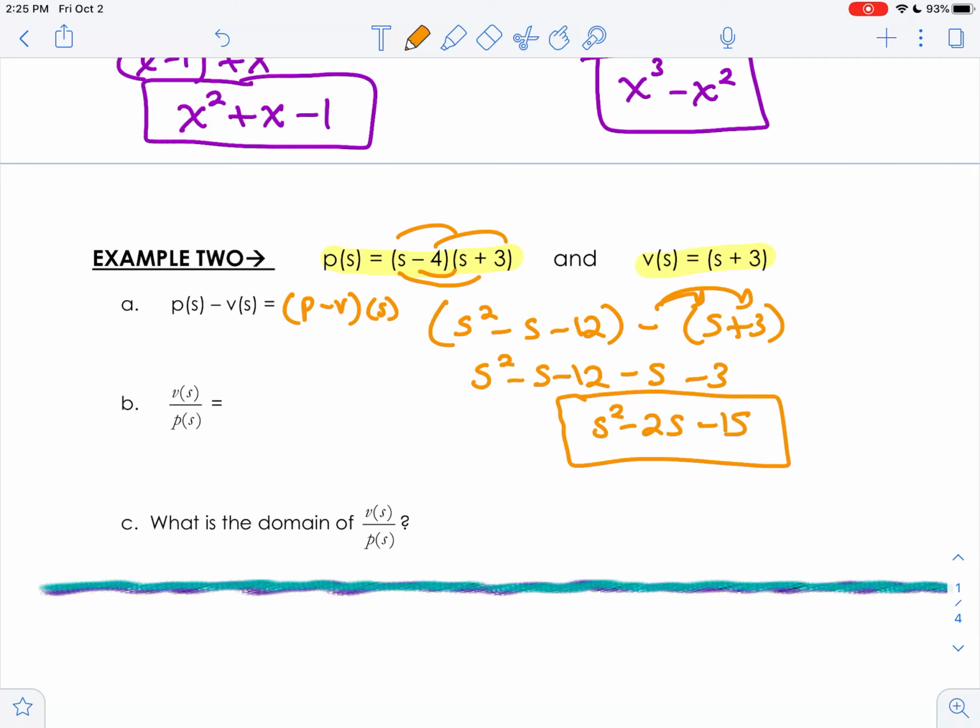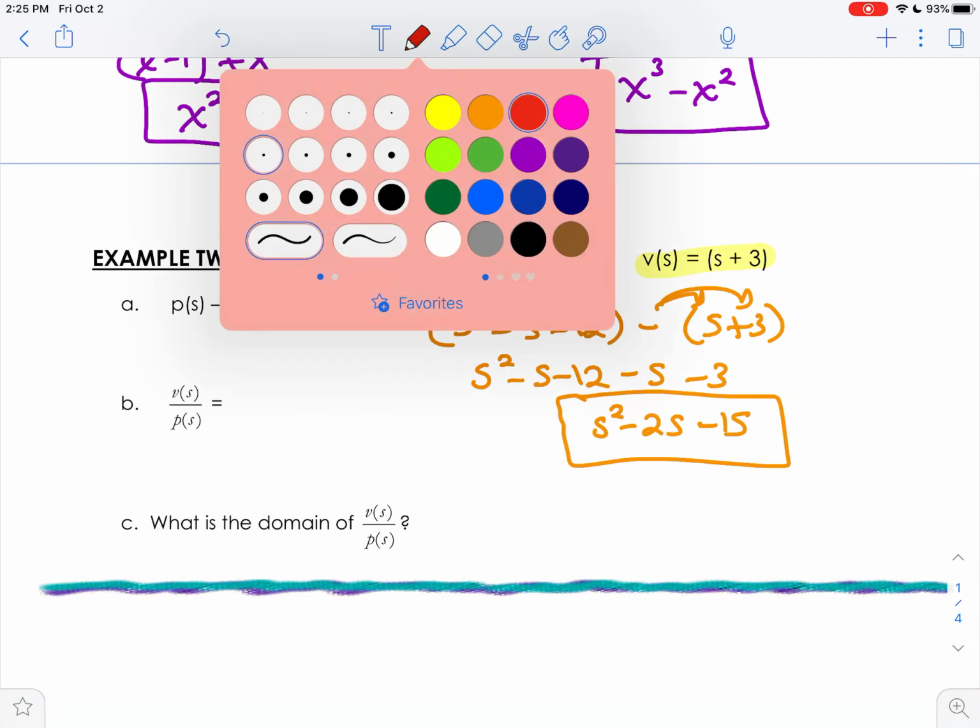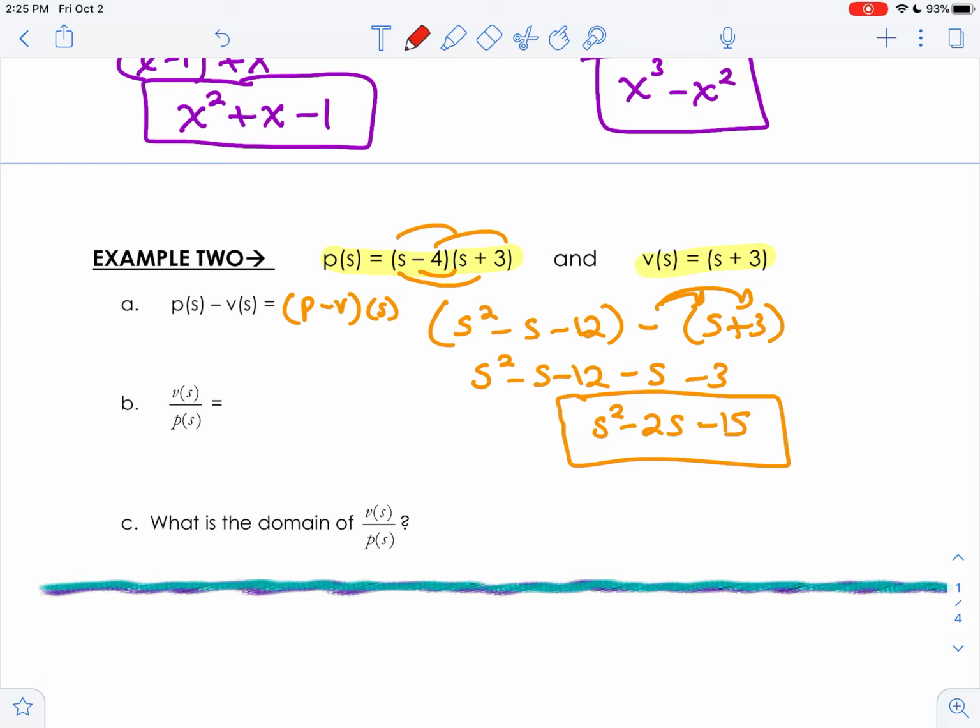When we do v of s divided by p of s, this one will be nice to keep in factored form, because if we take v of s on top, that's s plus 3, and p of s on bottom, we have s minus 4 and s plus 3. We've written it as a division problem, and we can find our domain much easier by looking at the bottom and what would create that 0.